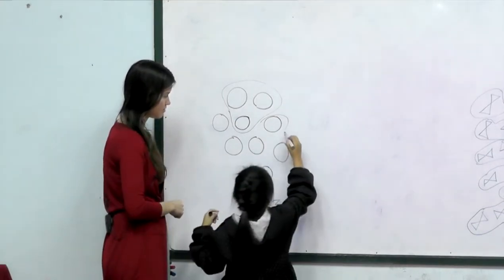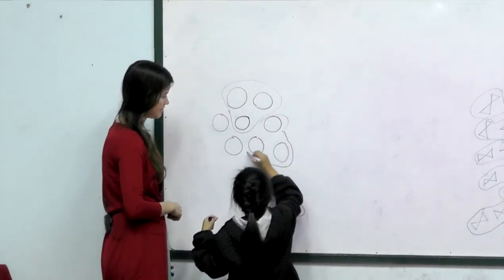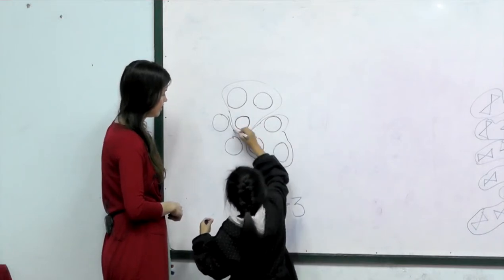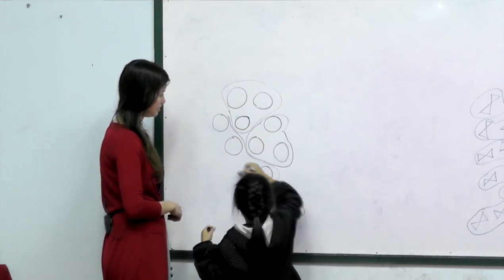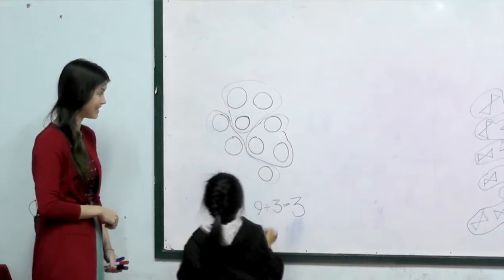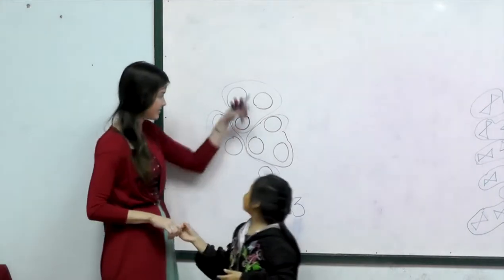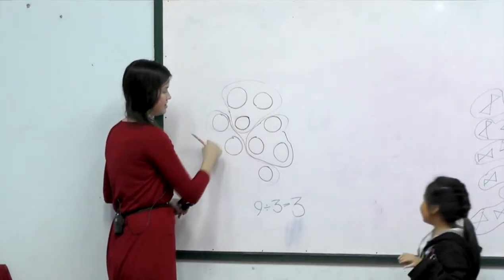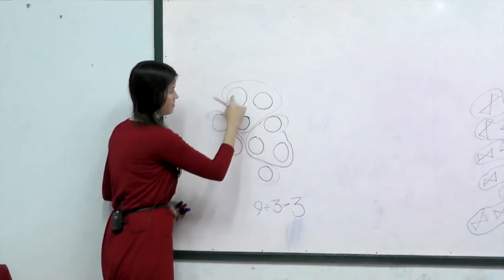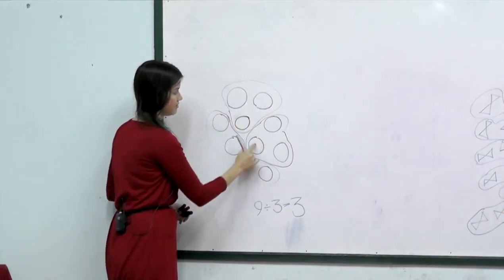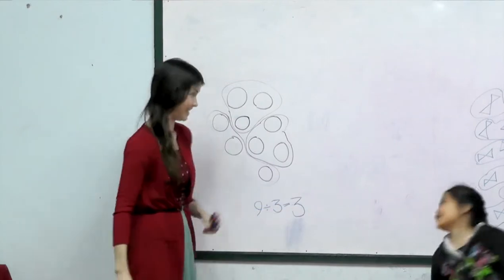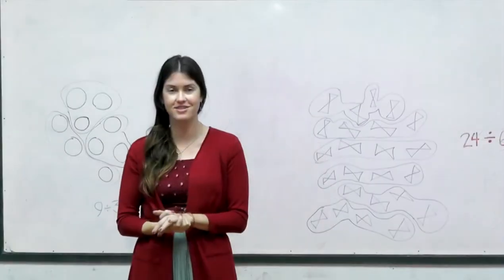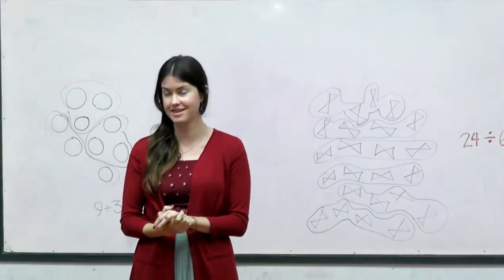Thank you. 1, 2, 3. Very nice. Great job. So we have 9 donuts. 1, 2, 3 groups. 9 divided by 3 equals 3. Great job. Very nice. Thanks for joining us on our math lesson. Everybody say goodbye. Bye.